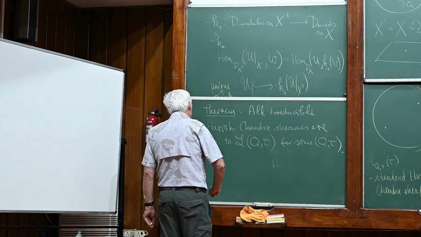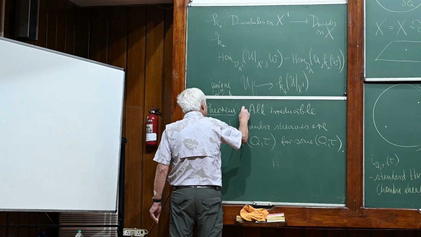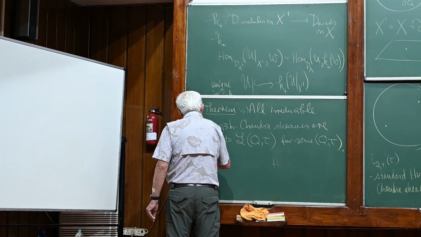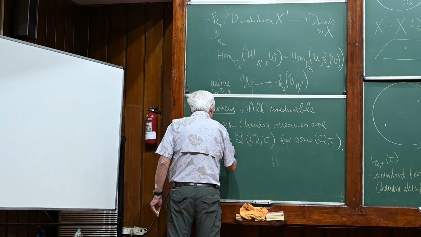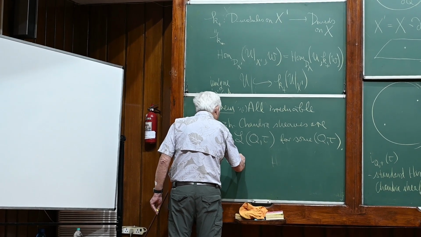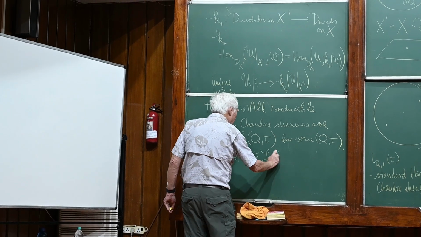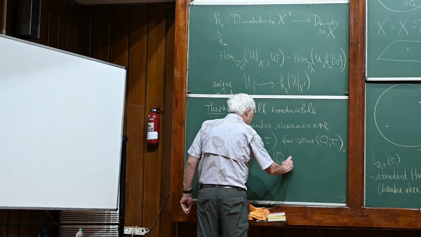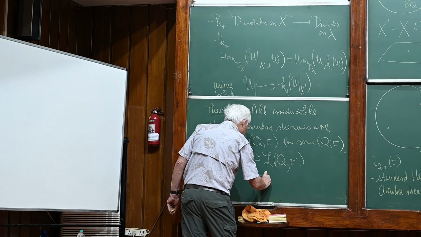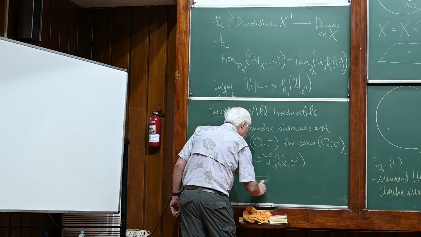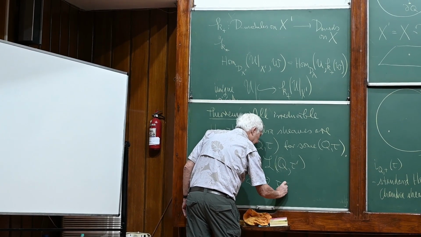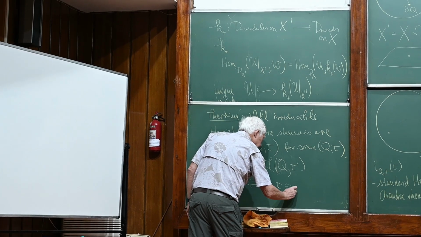And this is the first statement, and the second statement is LQ tau is isomorphic to LQ tau prime if and only if tau is isomorphic to tau prime.